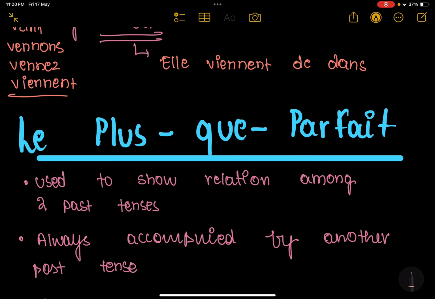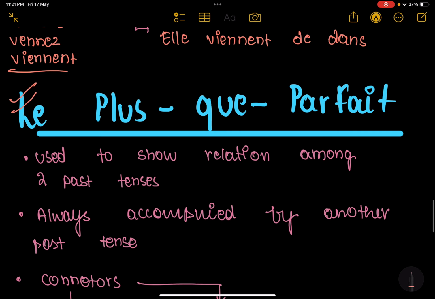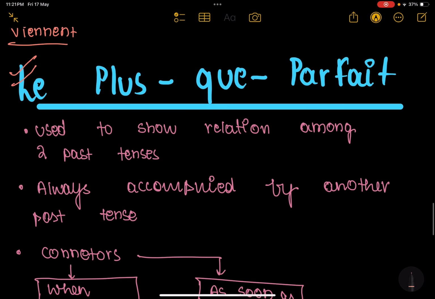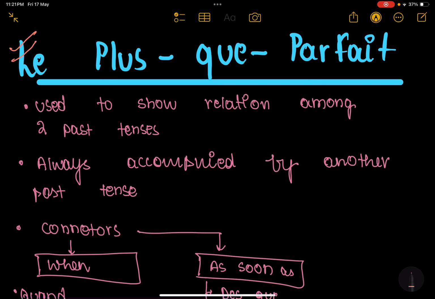Now next, this is a complicated tense. It is like the future anterior. This is plus-que-parfait. This tense is not present in the English language particularly. So it is used to show a relation between two past tenses.